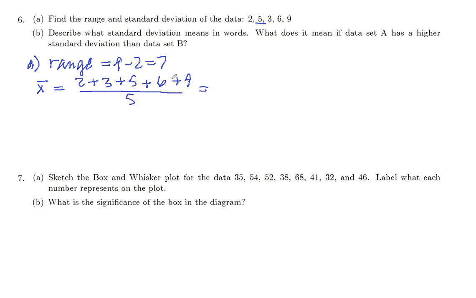So let's see, what is that? 15, 20, 25 divided by 5, 5. And then we want to do this table where we list the x value, x bar, x minus x bar, and then x minus x bar quantity squared.